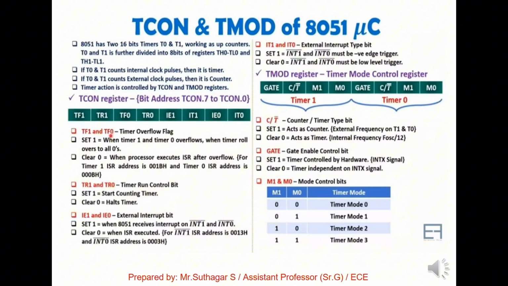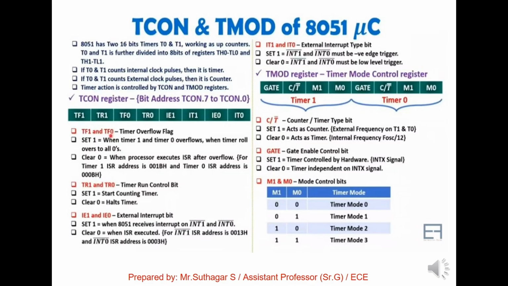So in 8051 we have two 16-bit timers T0 and T1 that work as up counters, and T0 and T1 are further divided into 8-bit registers TH0 and TL0 and TH1 and TL1.